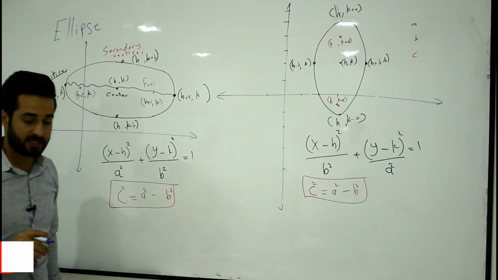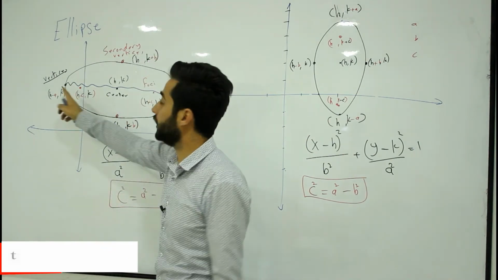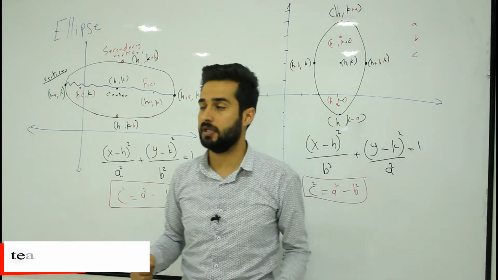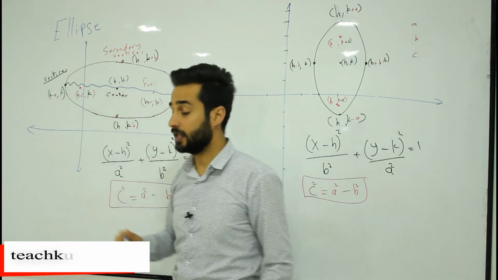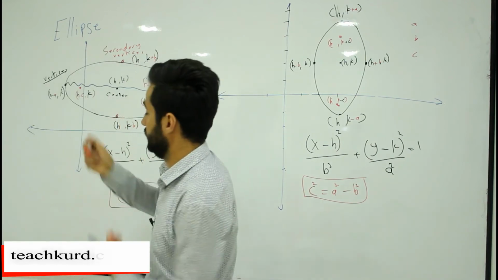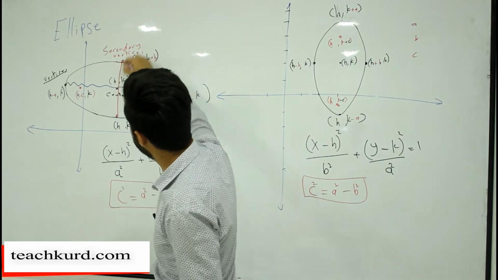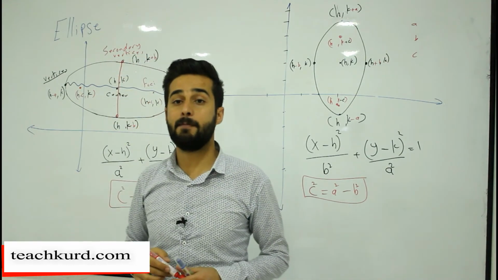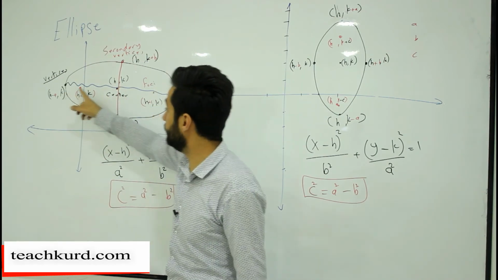We call this the major axis, like the general axis. But the other axis, let me mark it in red, this red one, this distance is the minor axis.